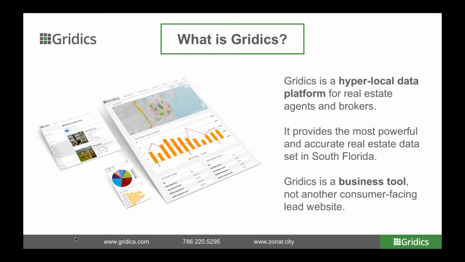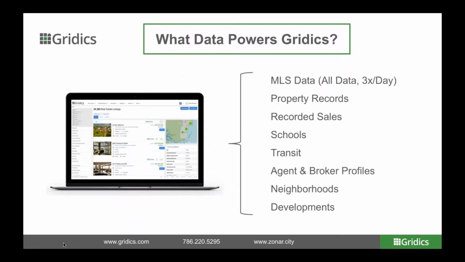At its core, Gridics is a hyper-local database of a number of different layers that you'll see in a minute. Focused right now on South Florida, it's designed to give you access to analyze that data and share it with your contacts privately.